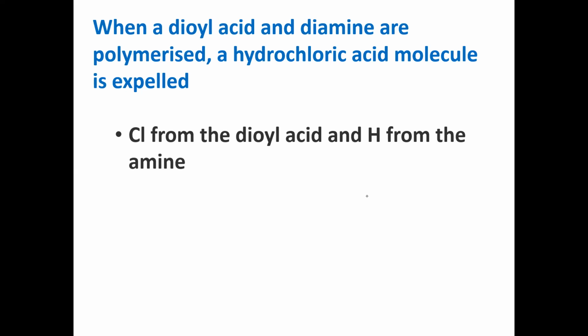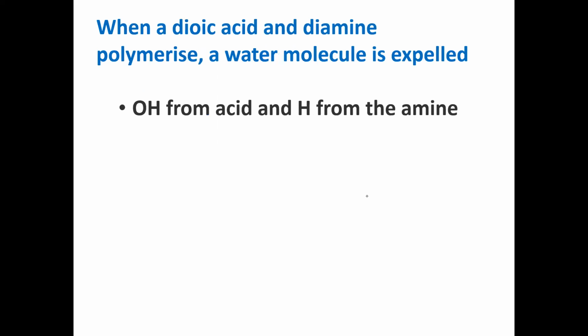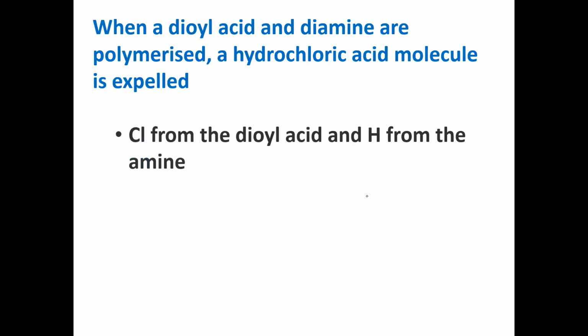But as I mentioned at the start of the class, dioyl chloride doesn't have any chance of giving you OH. A normal acid will give you OH and you can take H from the other, say amine, but here you will have no OH. So you have to remove Cl. The definition is violated, but the definition is still valid in our course.